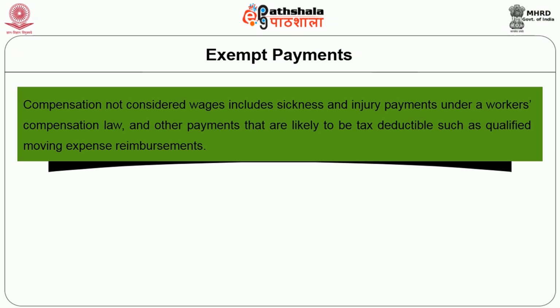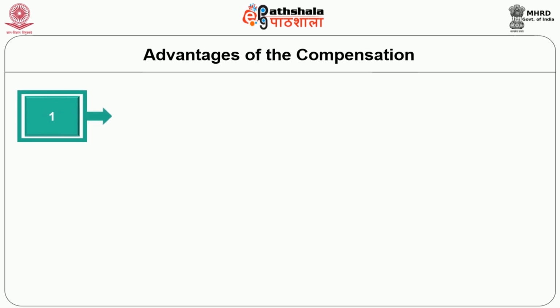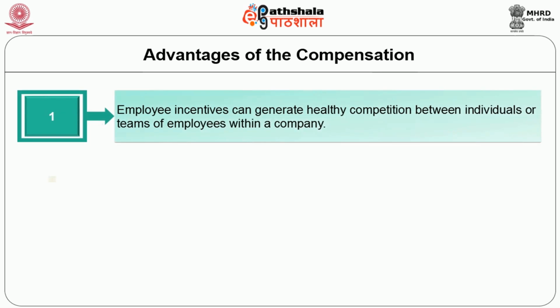These payments are likely to be tax deductible, such as qualified moving expenses and reimbursements. Wages are money received or paid usually for work by the hour, day, week, or month, a calculation or statement of money earned for a period from an hourly wage up to 1 year, that is, the annual wages, are calculated.